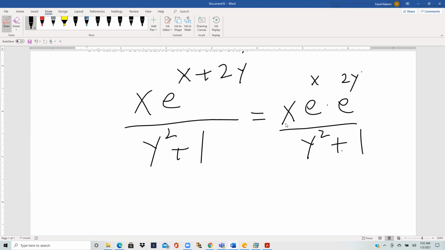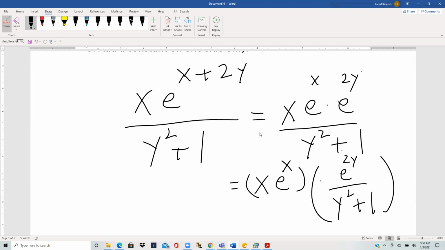And now you see it can be separated out into a product of an x function times a product of a y function. So if we write it like x e to the x times e to the 2y over y squared plus 1.